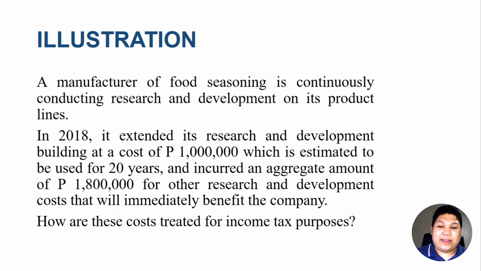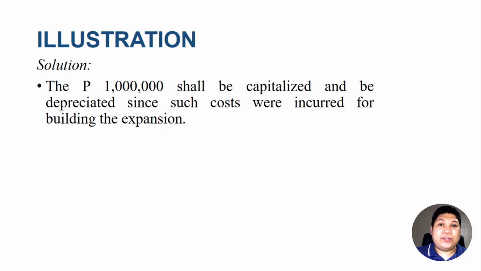How are these costs treated for income tax purposes? Our solution: the 1 million pesos shall be capitalized and be depreciated since such costs were incurred for building expansion. This will be considered as building improvement, an asset subject to depreciation.